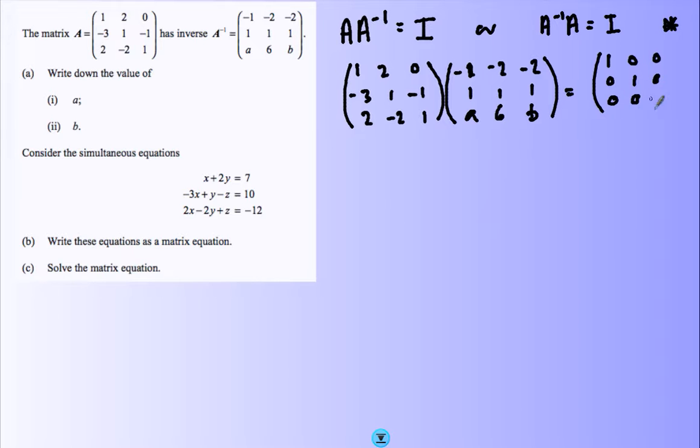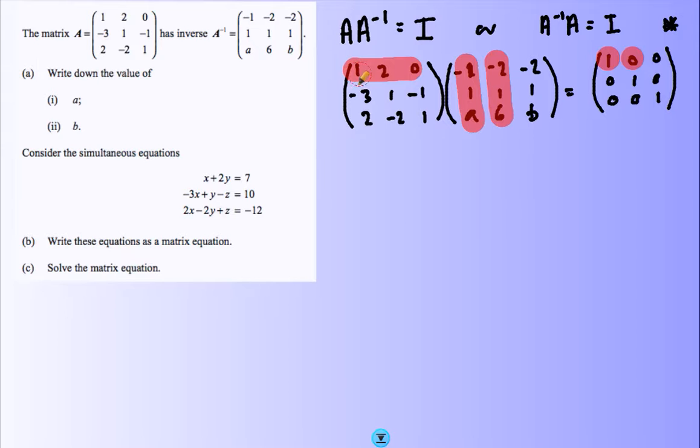It doesn't do anything to a matrix when we multiply, so we have this and this. Now we need to remember matrix multiplication. Second important point for this particular question. So matrix multiplication, row onto column will give that answer. Same row onto column, give this answer, and on we go.